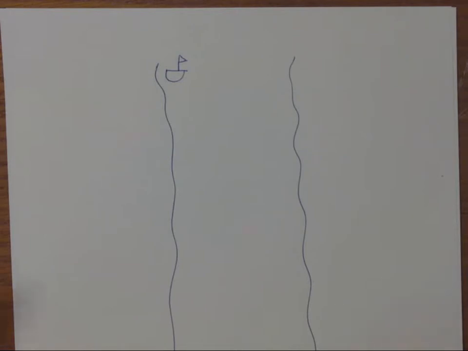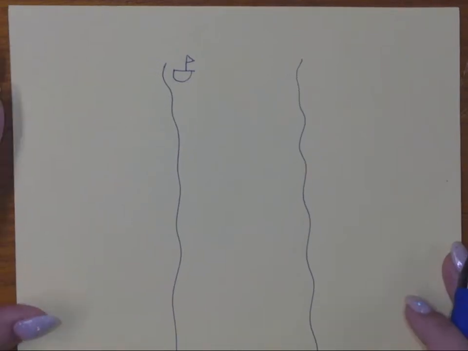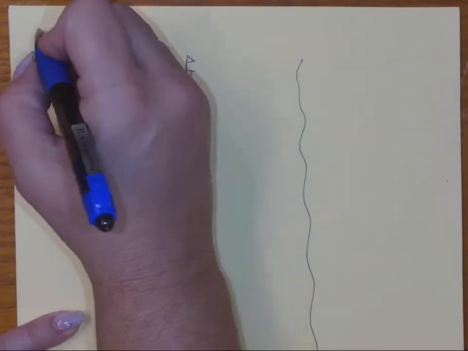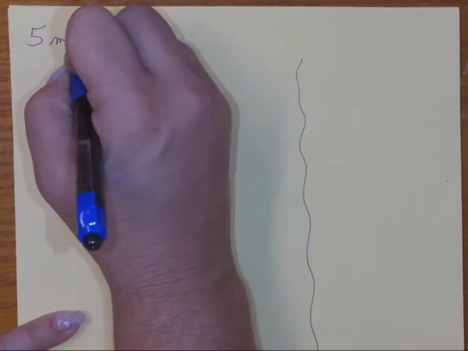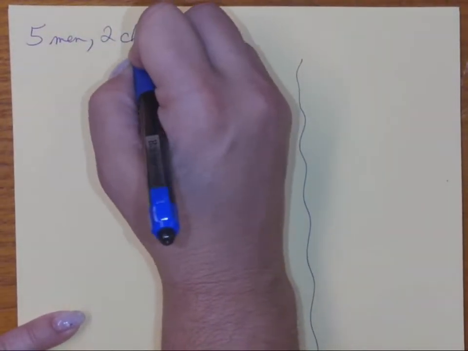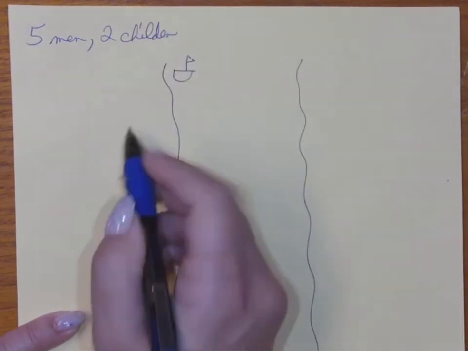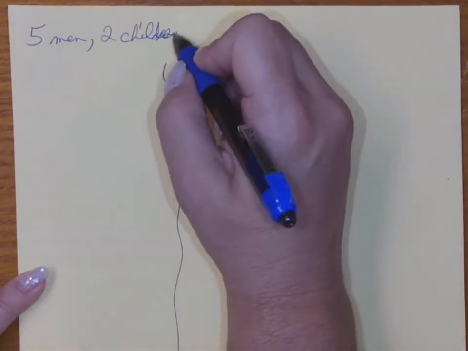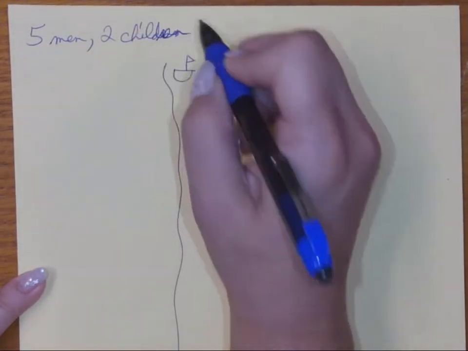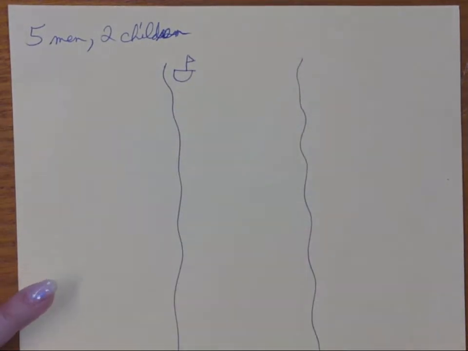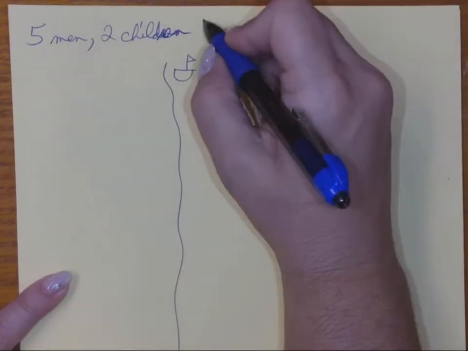Every crossing the river problem has something similar in common. This one that I'm going to do for you has 5 men and 2 children on this side of the river with their little boat here. Now you have to establish some rules. So read through the thing, make sure that you know.